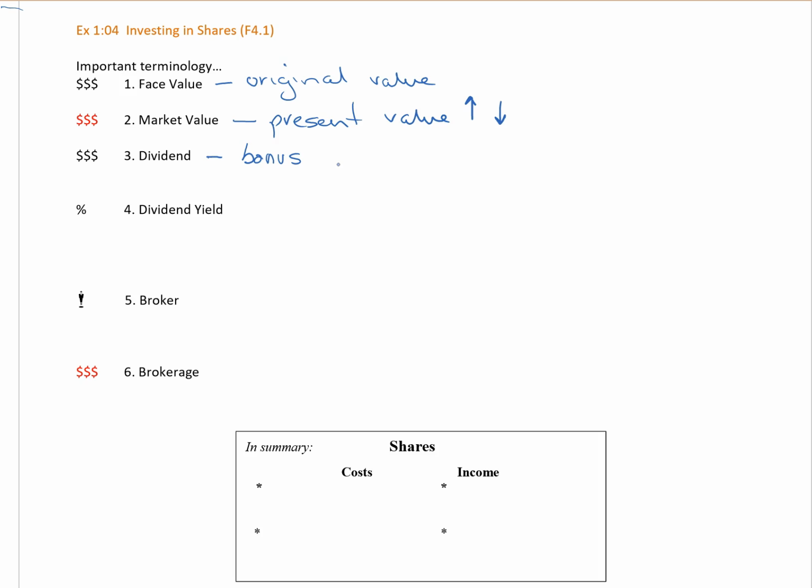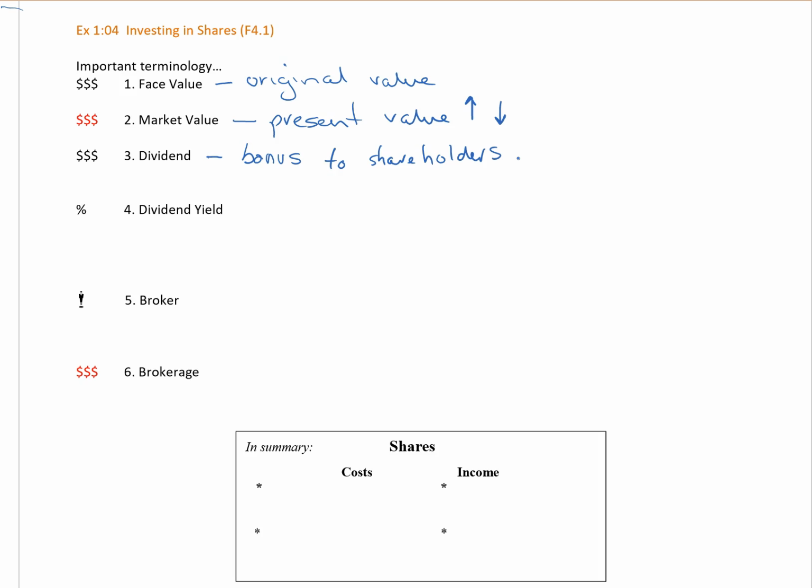People who've bought shares in a company are called the shareholders. So the company every year divides up a portion of the profit and gives it as a bonus to the shareholders. So bonus to shareholders.